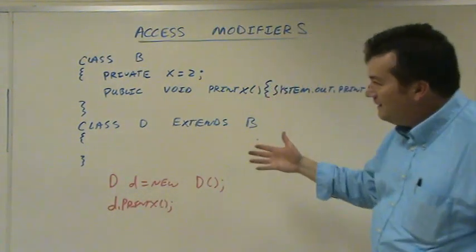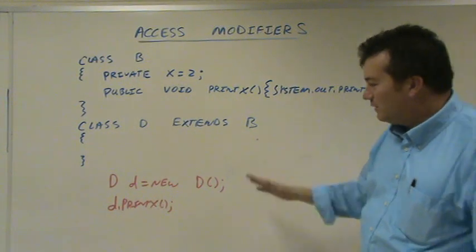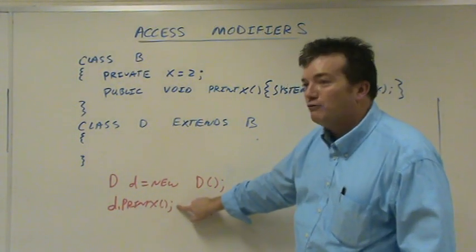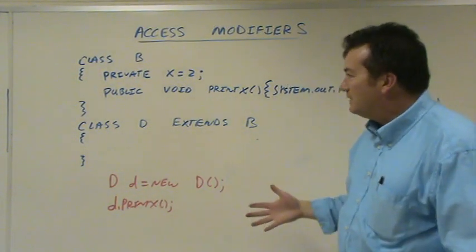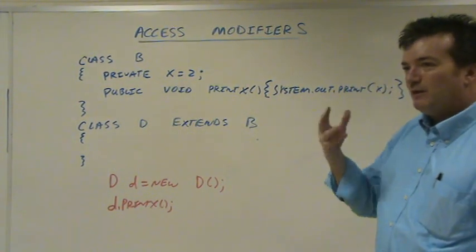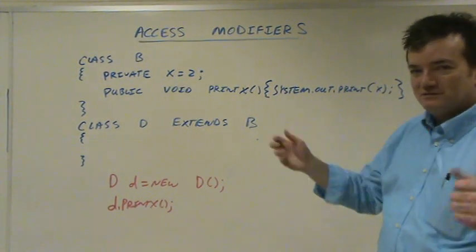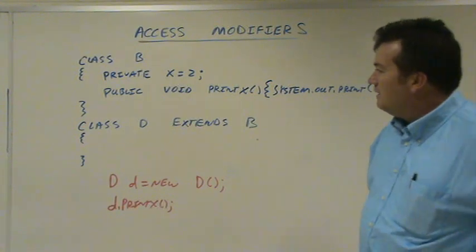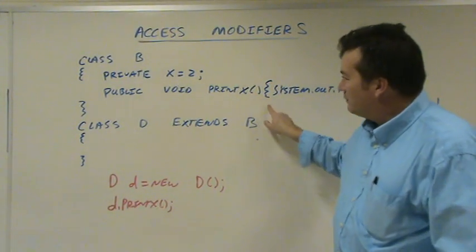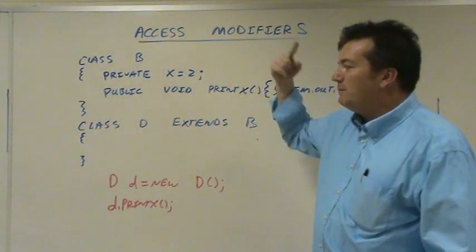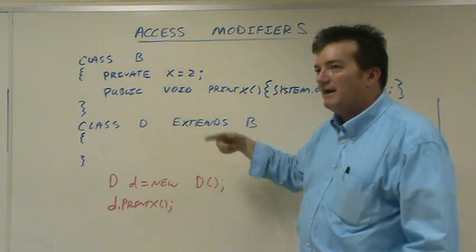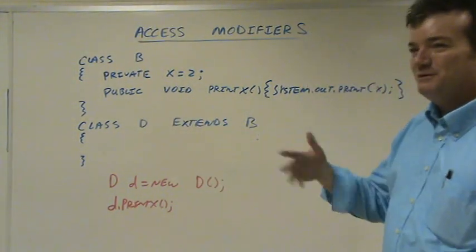If the language did that, intuition would tell you this should be a runtime error. But if that was the case, there would have to be a rule of thumb all the Java developers would have to learn: don't ever have a public method refer to private data, because someone may inherit from your class and then have a runtime error. And that would be too messy.